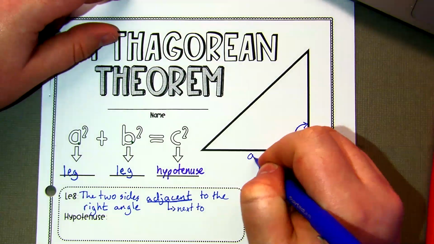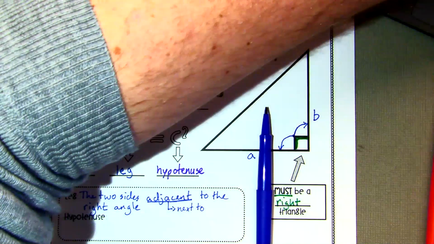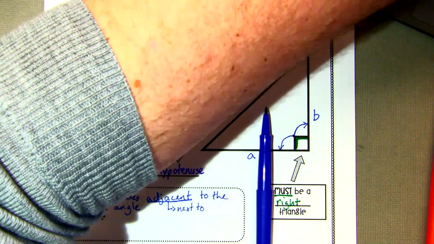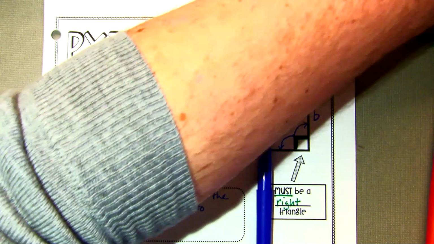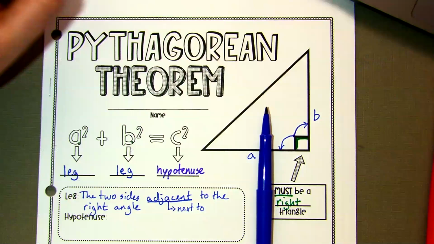And we can label them A and B. Now, it doesn't really matter which one we label what, but we just need to have those two labeled A and B. So if you can give me just a second. All right, sorry about that.